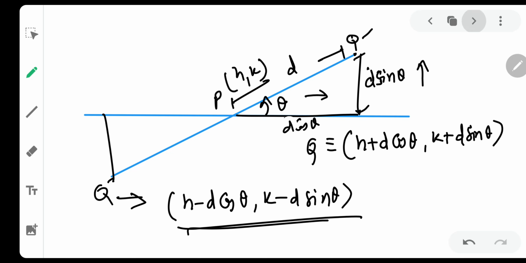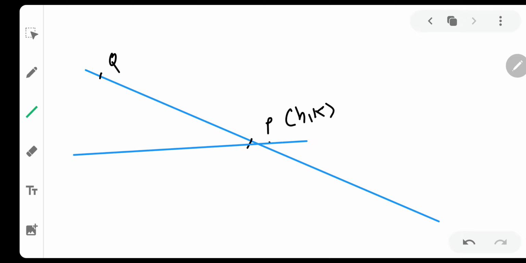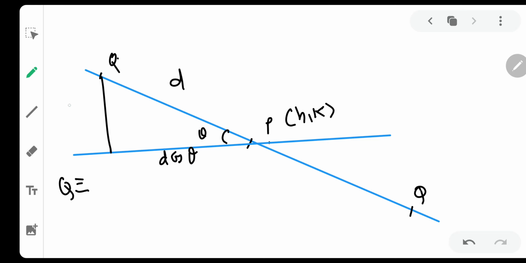So let me give you one more example. Suppose this is your line, and this is your point P with (h, k), and Q can be over here also and over here also. This is the distance d and this is theta. So for this Q, as you can see, this particular length is d cos theta and this is d sin theta.